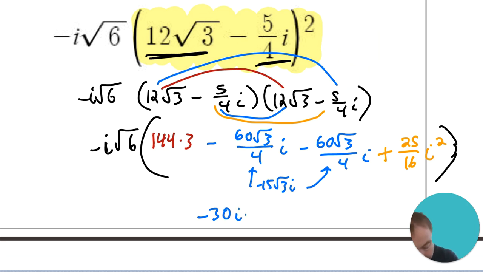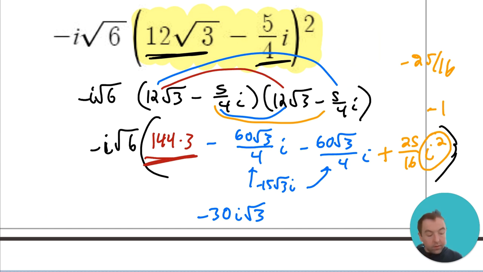And actually, we normally write the i before the root when we have such expressions. So that form would be preferred. And then if we replace this right here with a negative 1, then it's really just subtracting 25 sixteenths. And then you'll be able to add together this 144 times 3 with the negative 25 sixteenths.